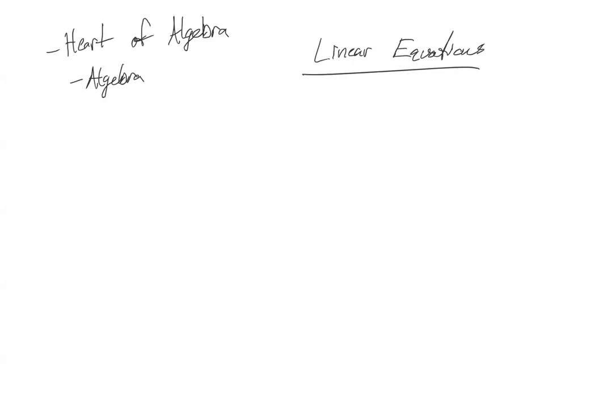So linear equations, the base word of linear is line. A line on a graph is exactly what it sounds like, a straight line, which may sound self-explanatory, but the definition of a line is that it must have a constant slope.